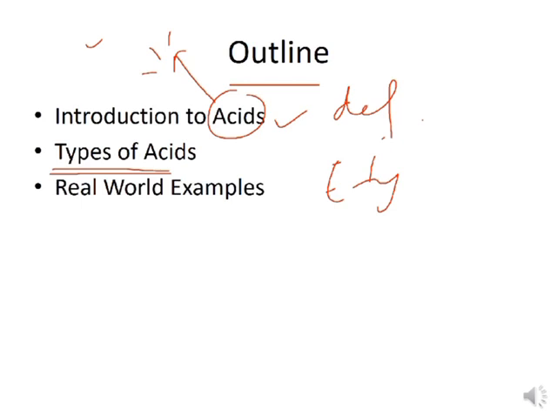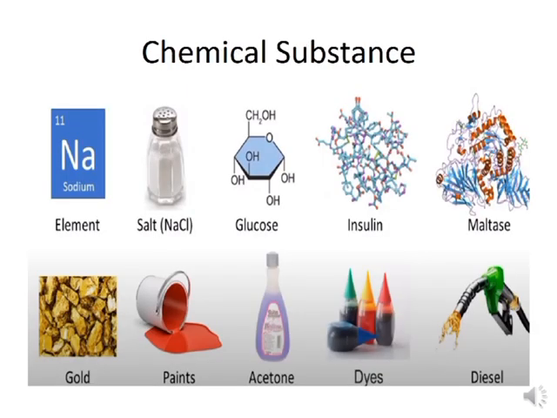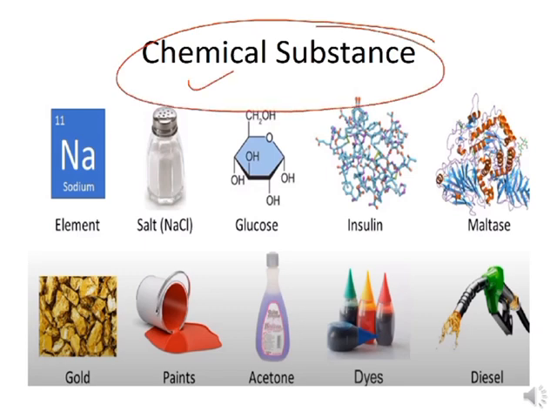There are different criteria on which the acids have been categorized or grouped, right? And then lastly we have to discuss some real world examples in this topic, right?